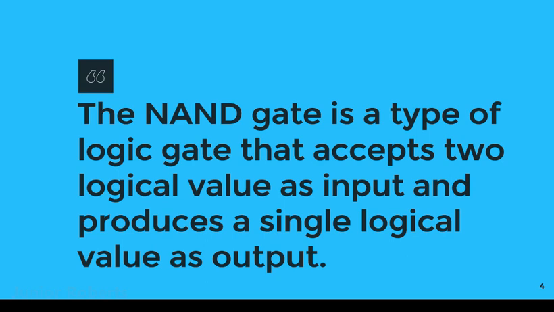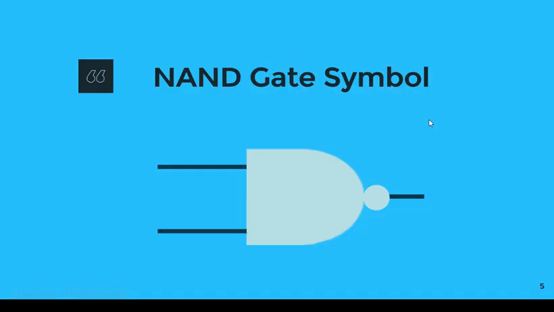Okay, so the NAND gate is a type of logic gate that accepts two logical values as input and produces a single logical value as output. And here again we have the symbol for the NAND gate. As we realize, it looks similar to the AND gate.